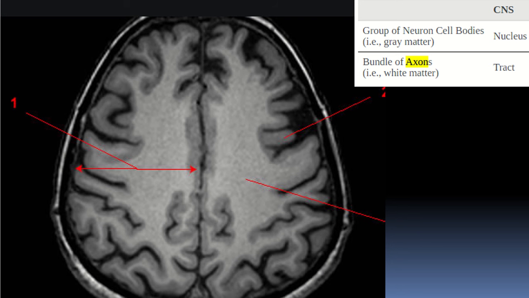So, for example, here is a scan through an MRI. We'll talk about some other types of scanning, but an MRI is very excellent if a medical professional wants a very detailed image of the current structural layout of the brain. And with an MRI, the edges are going to be the nuclei or the cell bodies, whereas the fattier bundles of axons, the white matter, is more in the center of the image.